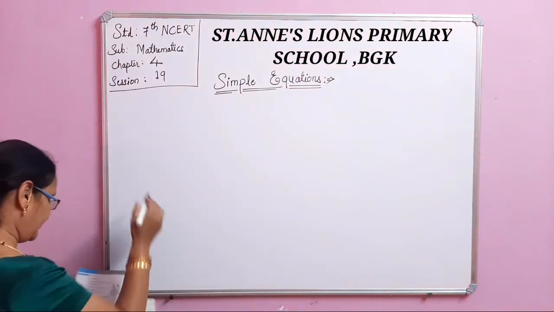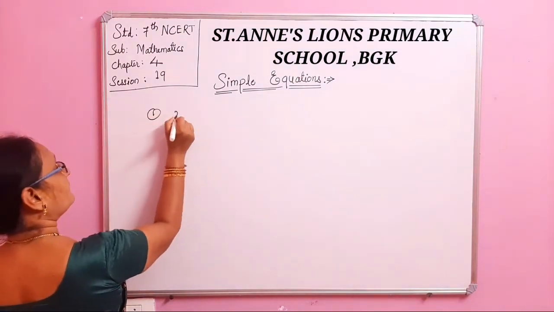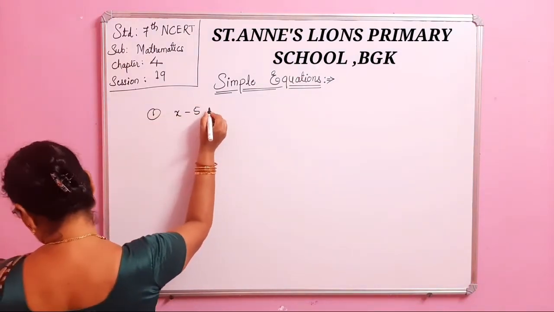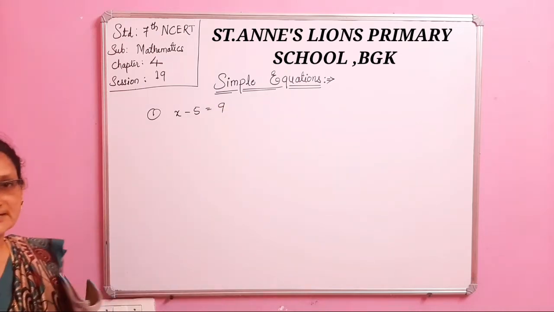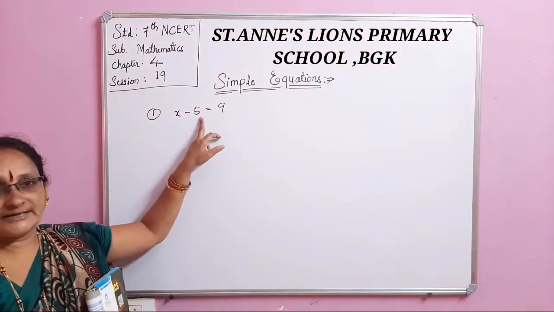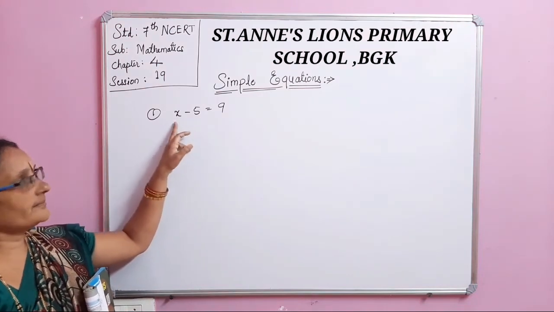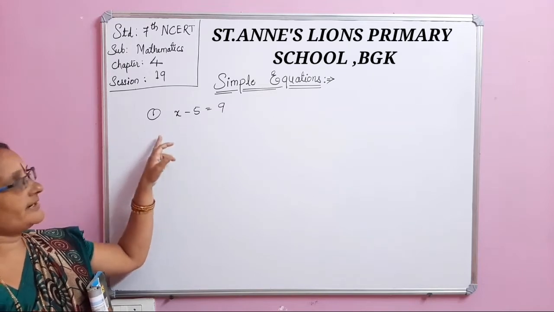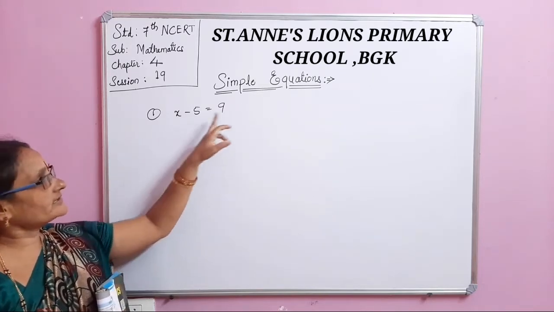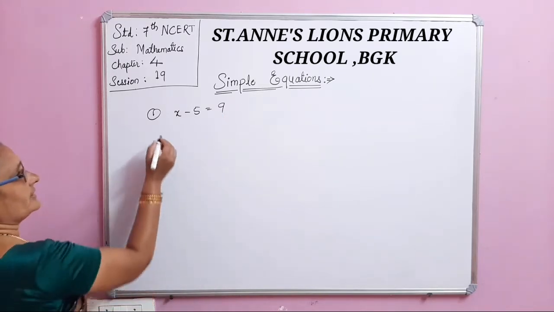Now, x minus 5, one example of equation we will take. x minus 5 is equal to 9. How can you write the statement for this? Here see, 5 is subtracted from what? From a number. 5 is subtracted from a number and you get 9. Finish.